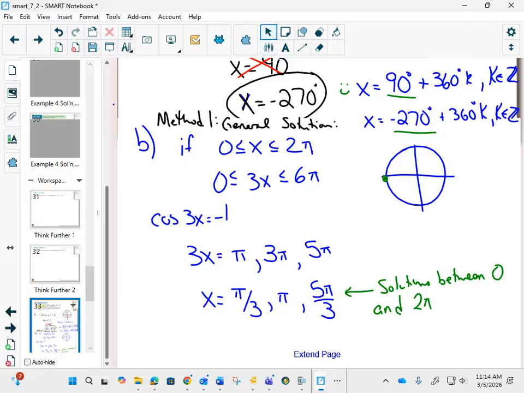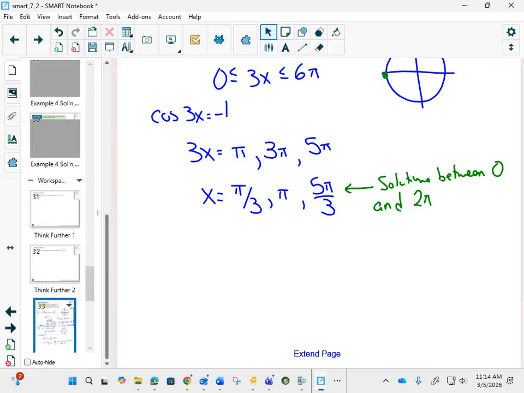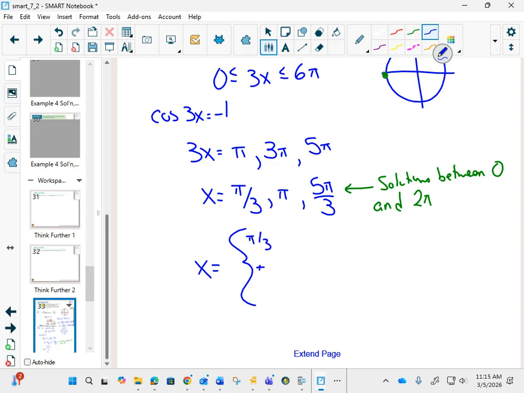From here, we can now write the general solution. Take all 3 of your answers. Add 2k pi. Okay, k is an integer.